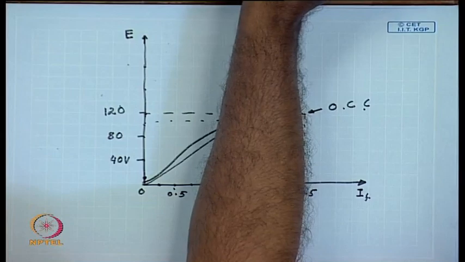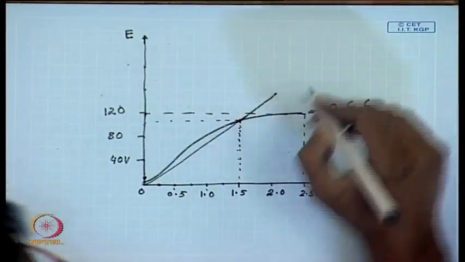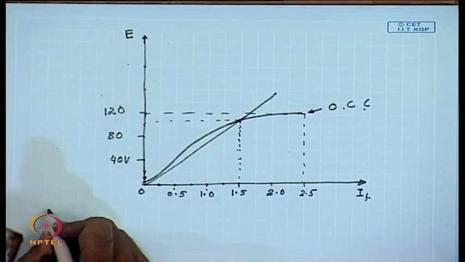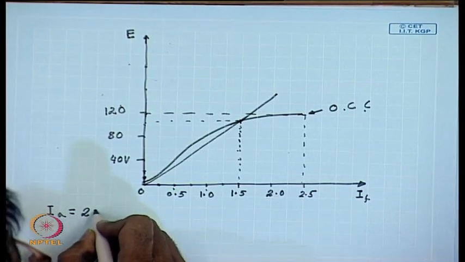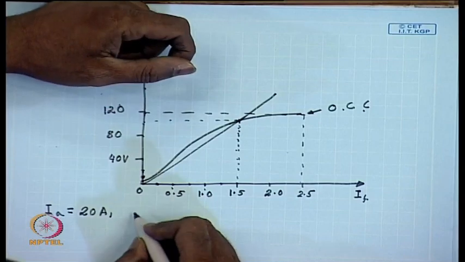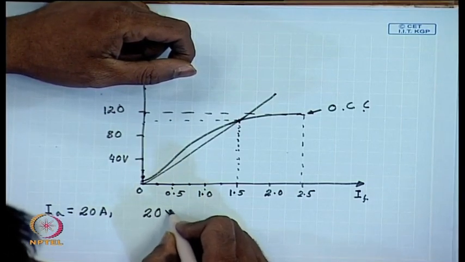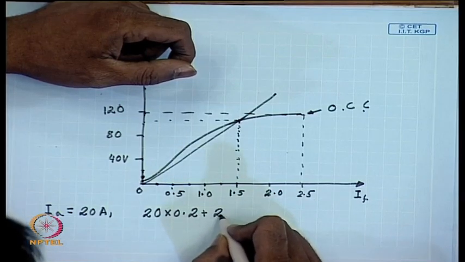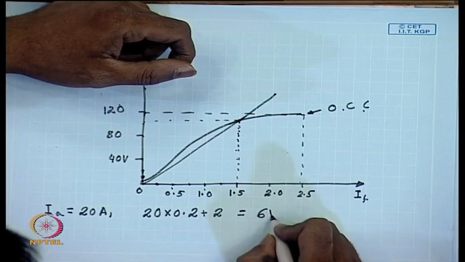So, at any armature current we can draw a vertical line here, let us say for I A equal to 20 amperes. The total armature drop is 20 into 0.2 plus brush contact drop of 2 volts, this gives you 6 volts.